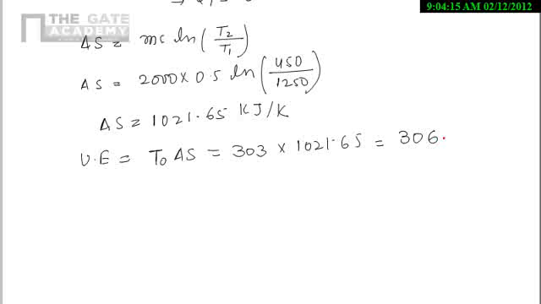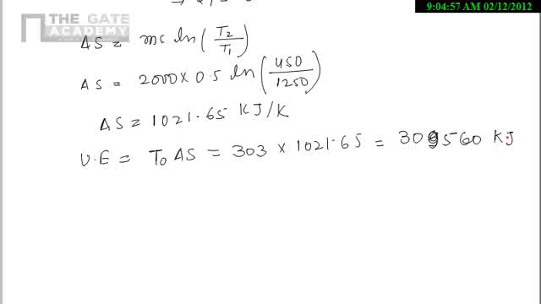So for ambient temperature 303 and del S 1021.65, it is coming 309,559.95. So we can write 309,560 kilojoule.